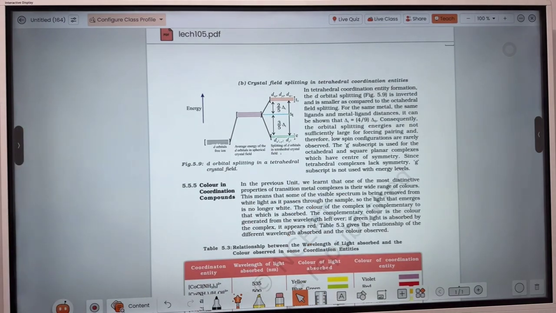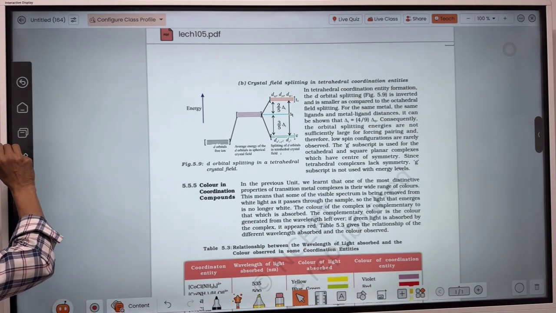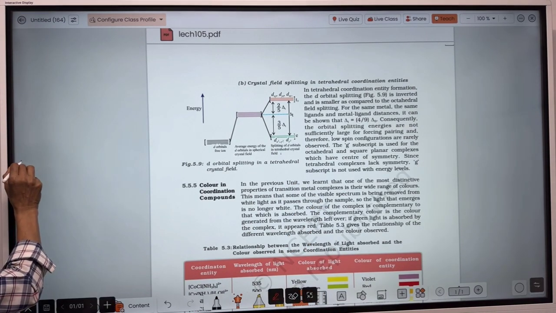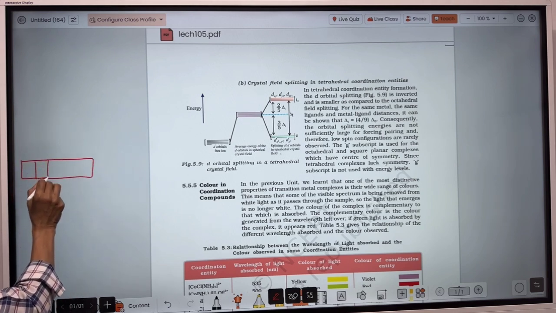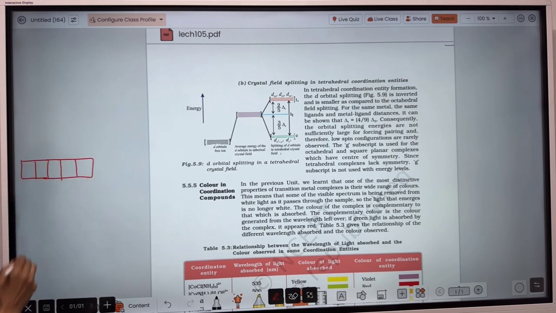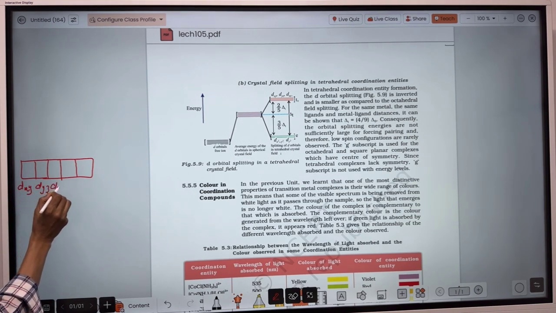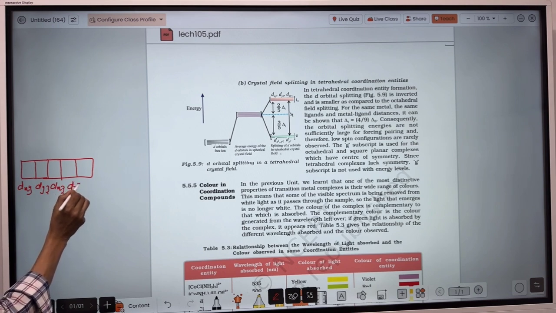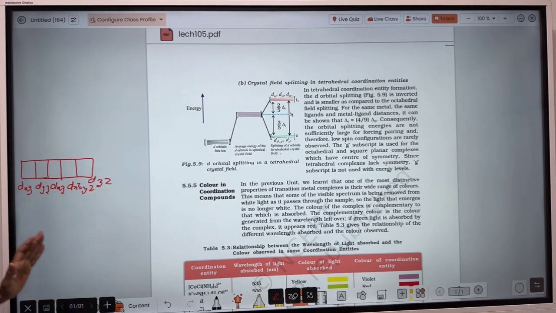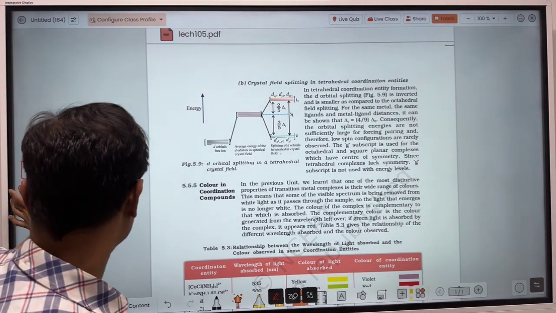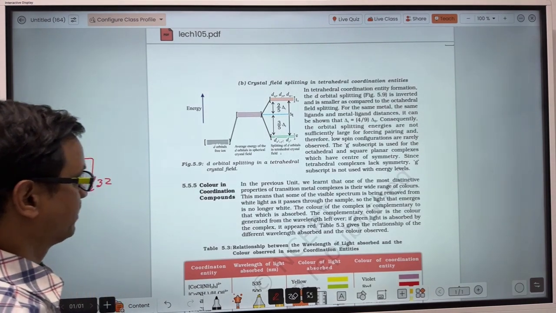Okay, so the degeneracy of these orbitals does not maintain.